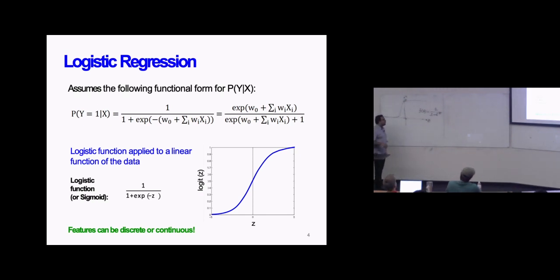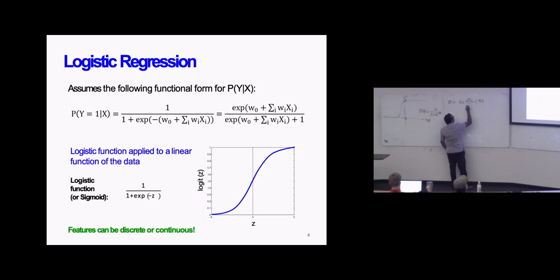And for logistic regression, what we said is this z is essentially a linear transformation of the weights and the feature values.